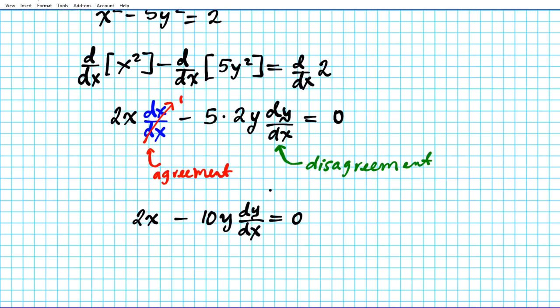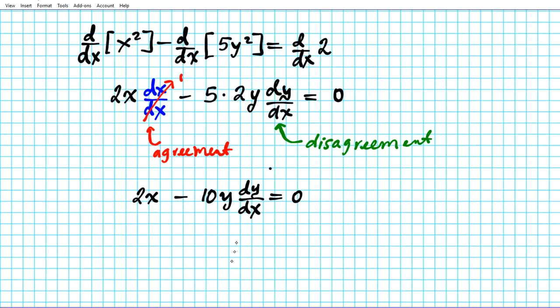To finish the process off, we're just going to isolate the dy dx component, or just use the processes of algebra to accomplish that. Okay, so we'll subtract 2x from both sides, and then we have negative 10y dy dx equals negative 2x.